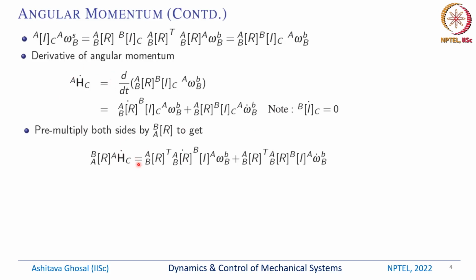So now you pre-multiply both sides by BAR, which is what? ABR transpose, so that this is the inverse of the rotation matrix.